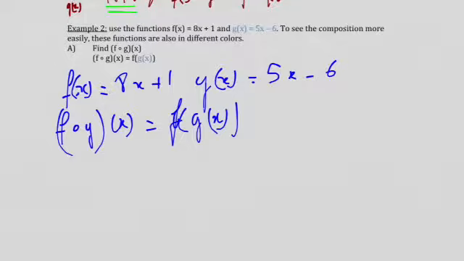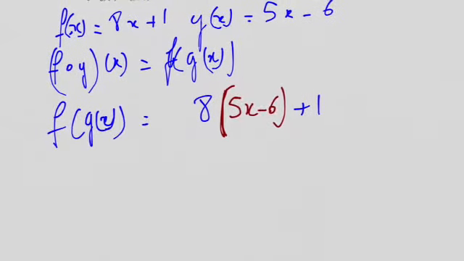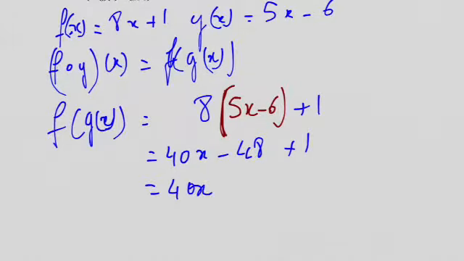So I'm going to take the expression of f, which is 8 times x plus 1. And now, because I'm calculating f of g of x, I'm going to substitute the x by 5x minus 6, and you will notice that I right away use my parentheses, okay? And now I just need to continue by distributing my 8. 8 times 5 is 40x. 8 times negative 6 is negative 48, plus 1, and so I end up with 40x minus 47.